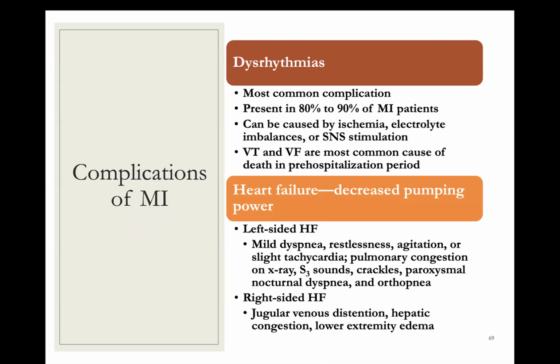The most common arrhythmias are ventricular tachycardia and ventricular fibrillation, or VTach and VFib. Those are the most common things to happen while the MI is going on, and those things would put the patient into cardiac arrest.